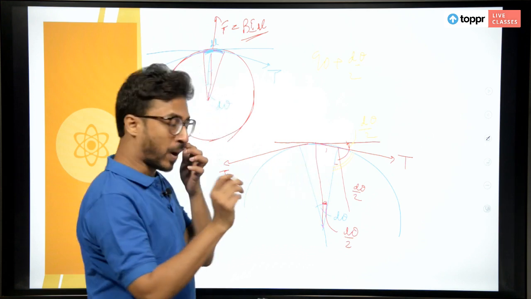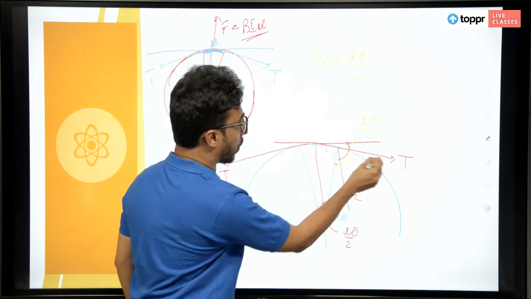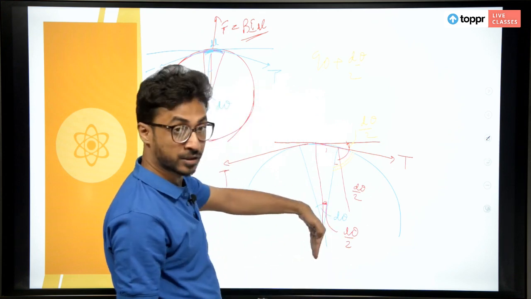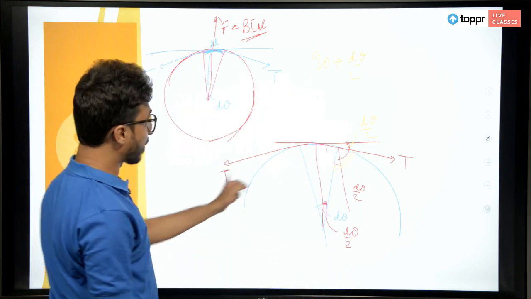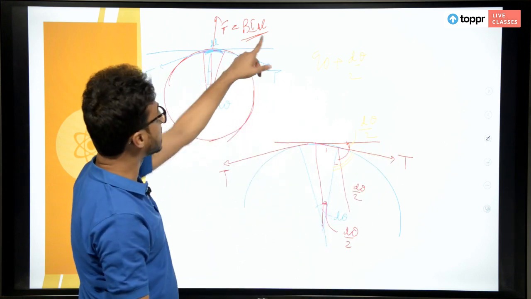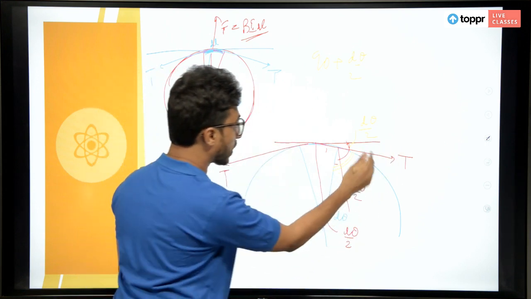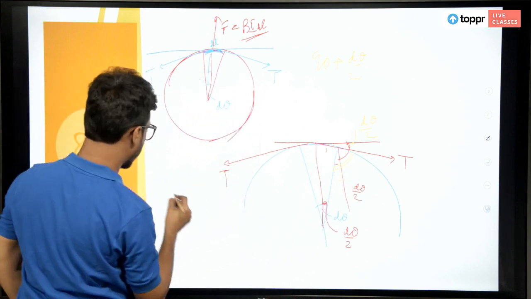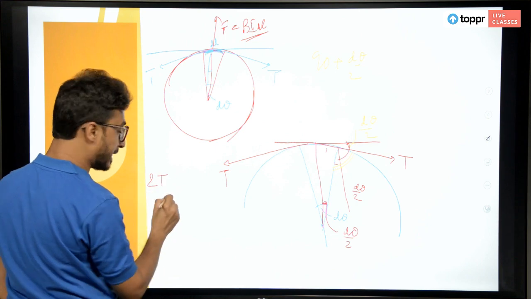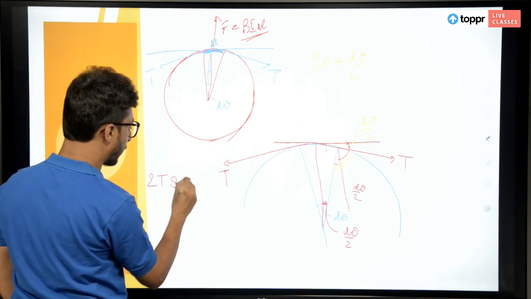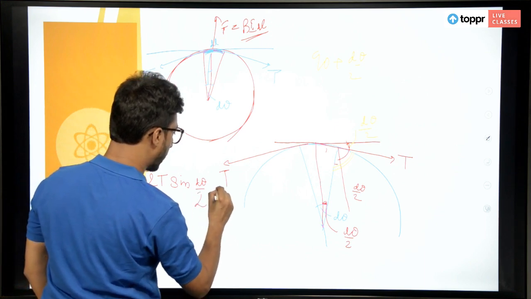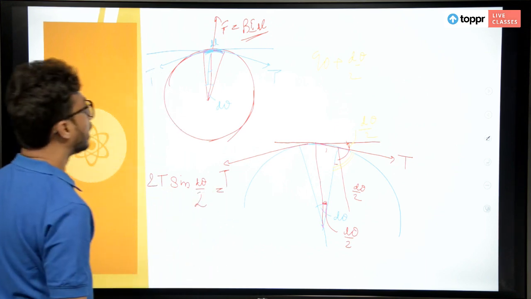Now if we take one tension T, we have to find the sine component, because the vertical component of tension T, and there are two tensions on two sides, are balancing this force BI dL. So the component will be 2T sine of d theta by 2, balancing what?